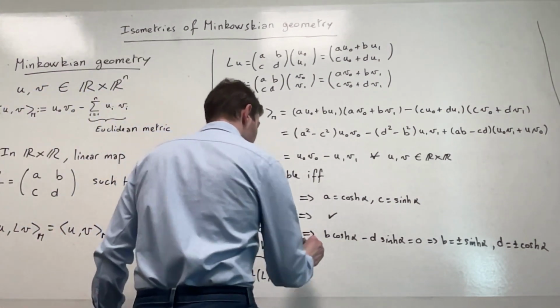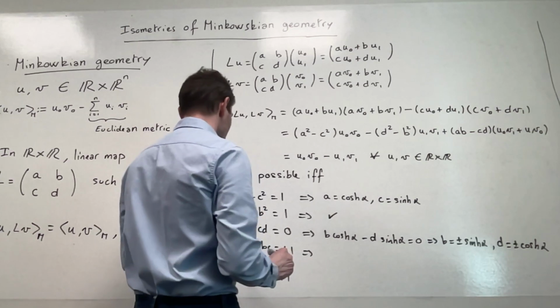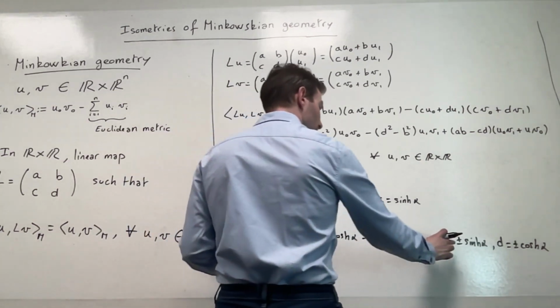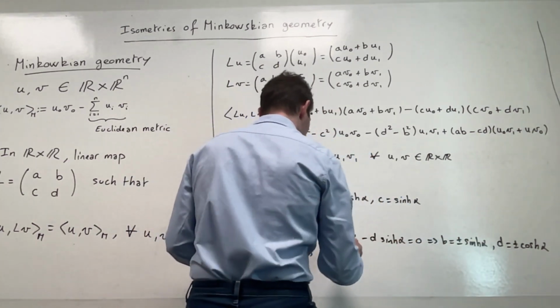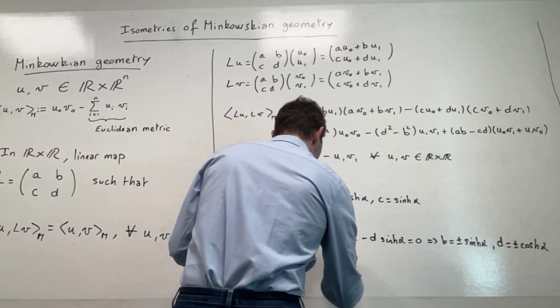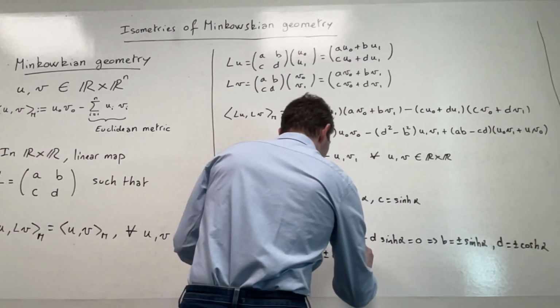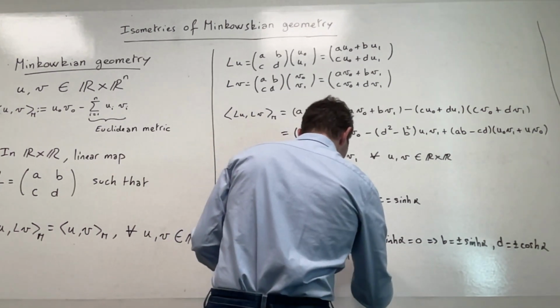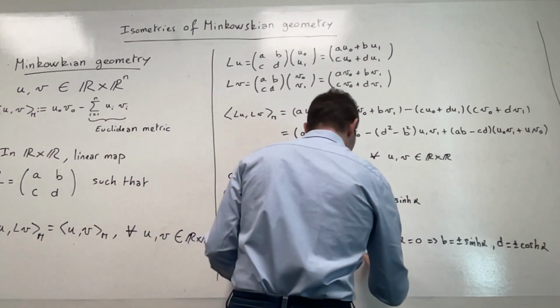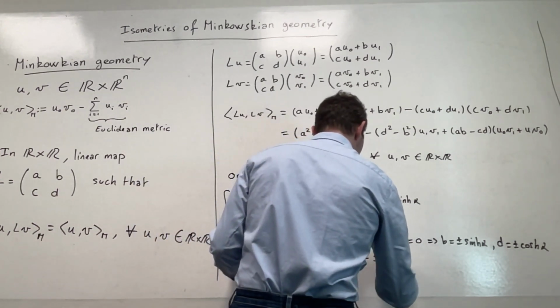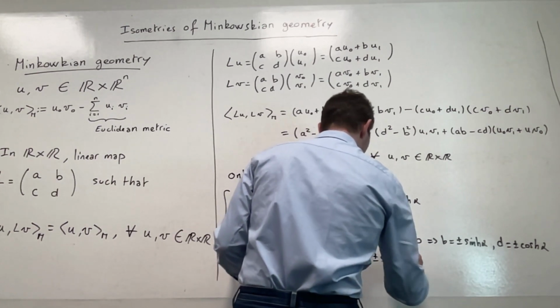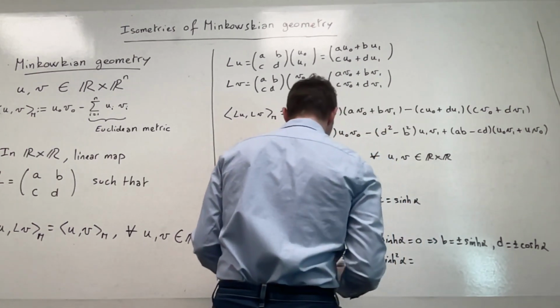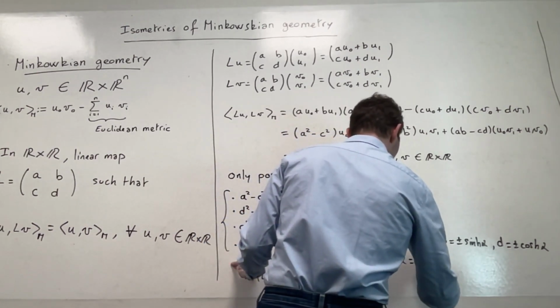So here, D we said was plus or minus cosh squared of alpha, then minus plus or minus sinh squared of alpha, and it has to be equal to plus 1.